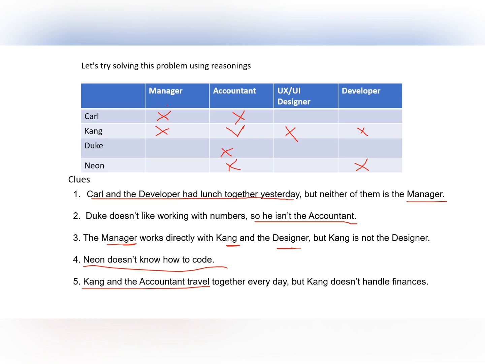Since Kang is the accountant, and clue number 1 told us that Carl is not the manager, the manager must be either Duke or Leon. But clue number 4 says that Leon doesn't know how to code, so he is likely to be the manager or the accountant. But the accountant position is already taken.